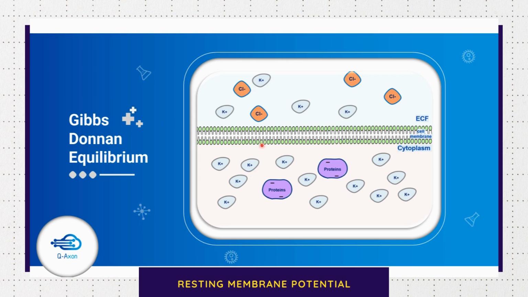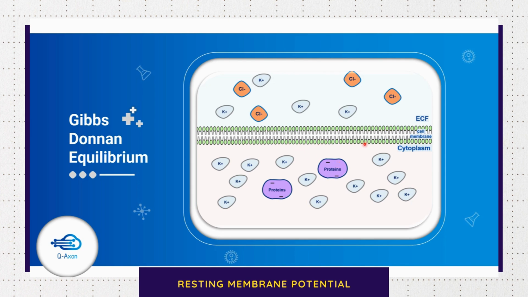Now this membrane is permeable to what? For understanding, we'll consider that the membrane is not permeable to chloride ions, and the negatively charged proteins also cannot cross the membrane. We consider proteins inside because the cell synthesizes the proteins and they remain inside the cell.